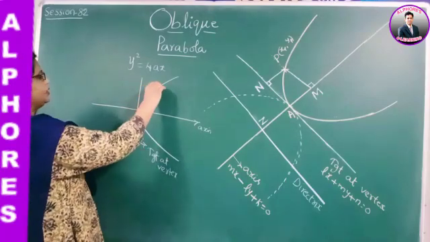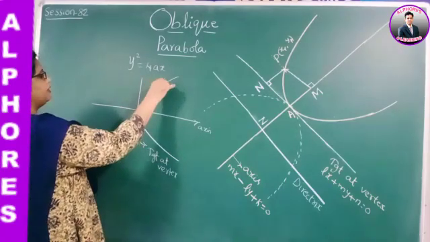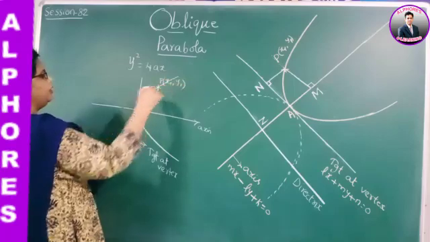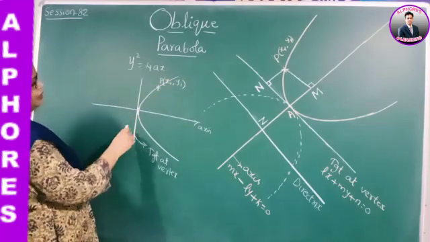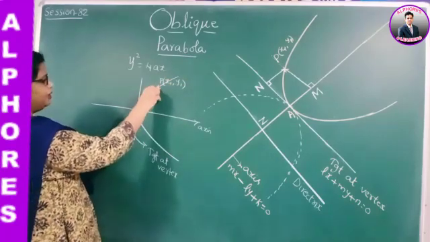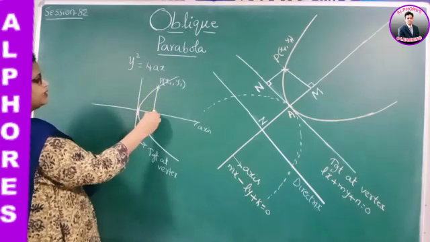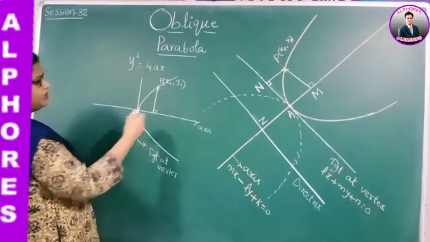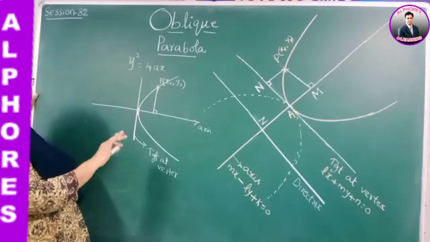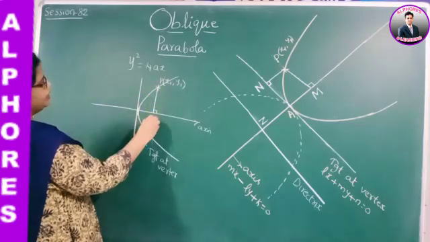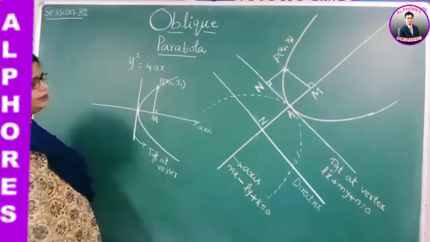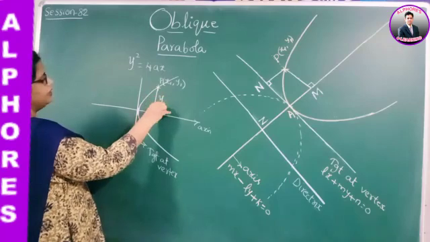Let us consider here a point P of x1 comma y1, any point on the curve. Now if I take the perpendicular distance onto the axis of parabola, here the x-axis, suppose I take M here, this value is exactly y1.